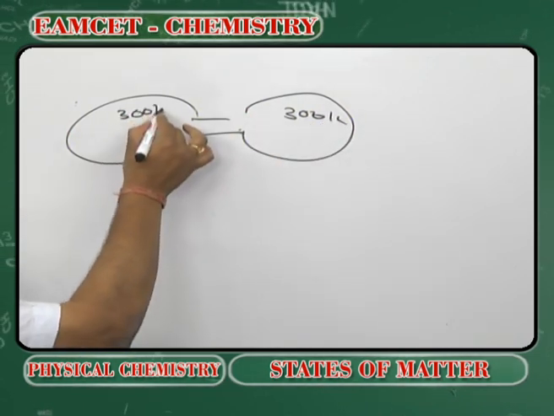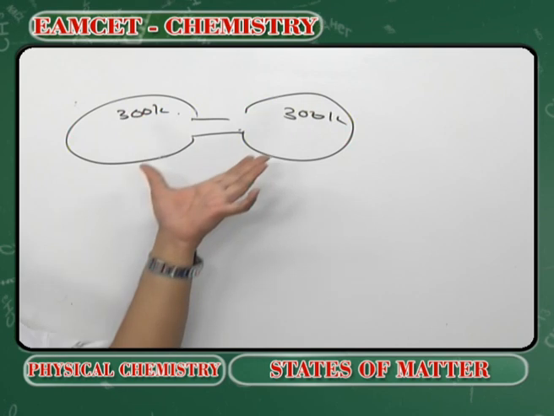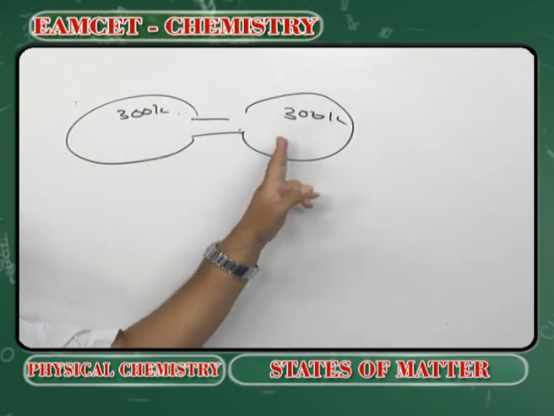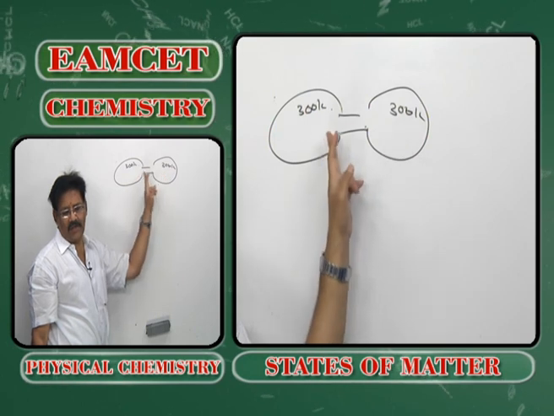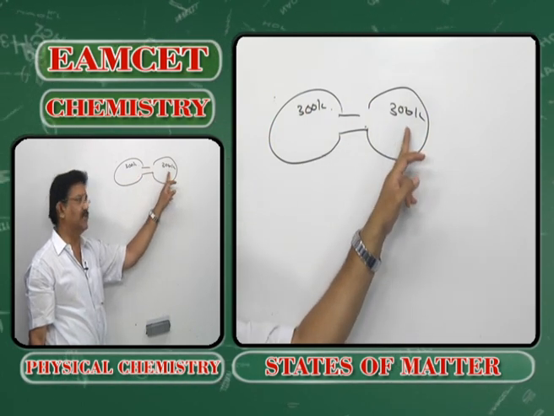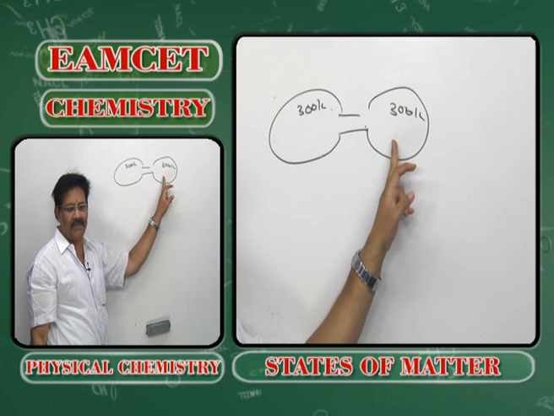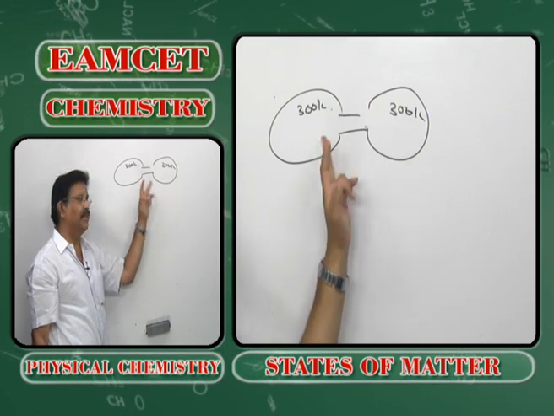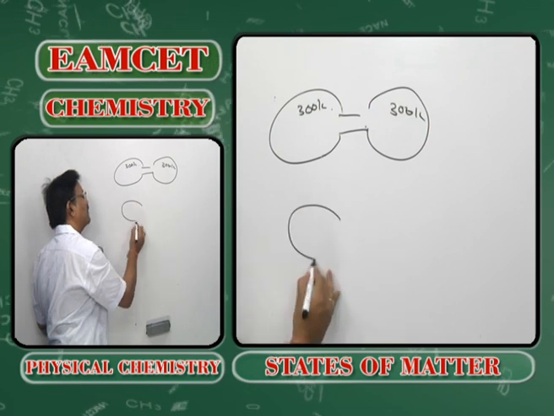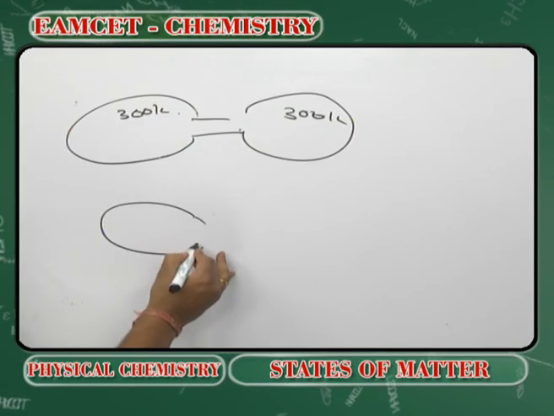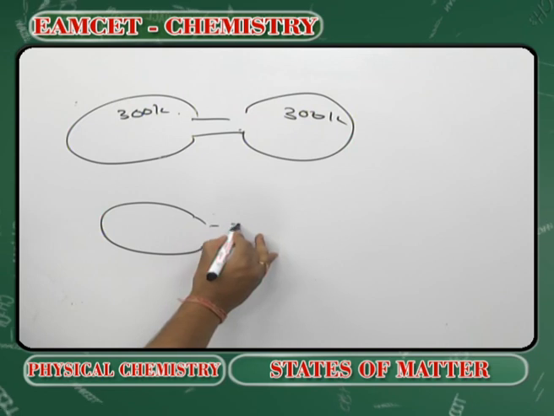When they are maintained at 300 Kelvin, the pressure will be uniform. Both the flasks will have an equal number of moles because volume is the same, temperature is the same, and pressure will be the same. Now when one bulb is kept at a temperature of 600 Kelvin, what will happen?